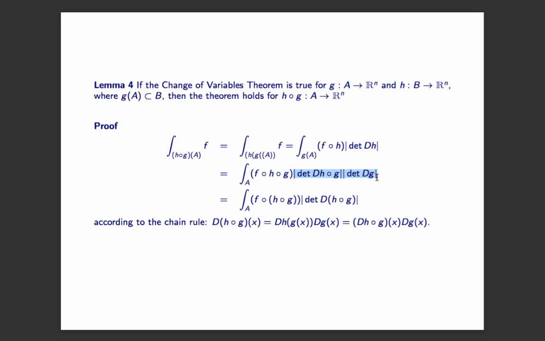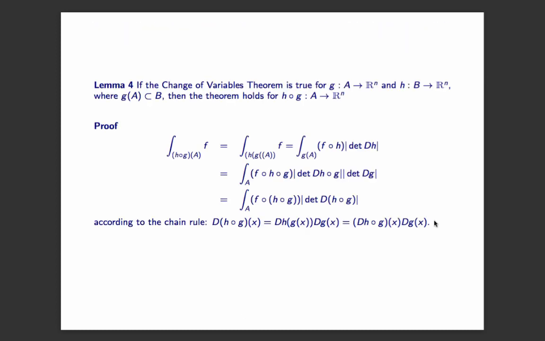And that, according to the chain rule, is just the determinant of the derivative of h composed with g. So that's just a result of the chain rule. And we have our proof of Lemma 4.